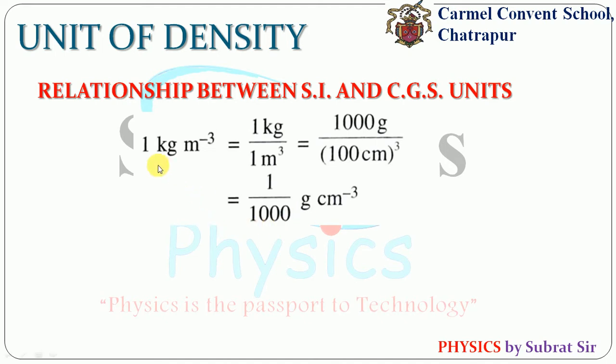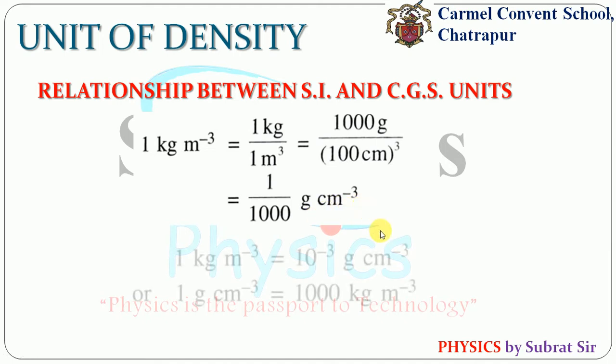Here we can write 1 kg per meter cube is equal to 1 kg by 1 meter cube, and 1 kg is equal to 1000 gram, 1 meter cube is equal to 100 centimeter cube, because 1 meter you can replace with 100 centimeter. So now the result will be what, 1 by 1000 gram per centimeter cube.